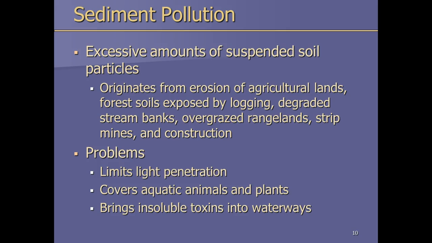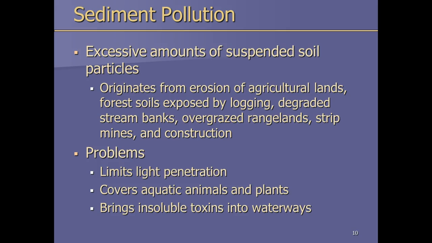That limits dissolved oxygen. Covers aquatic animals and plants. Well, if it covers the plant, it does not have leaf surface area in which to photosynthesize. And if it covers animals, say like a fish's gills, and gills are where the oxygen and carbon dioxide are exchanged, they're not going to be able to breathe very well. If it covers skin of amphibians, amphibians will not be able to breathe very well because a lot of them breathe through their skin.